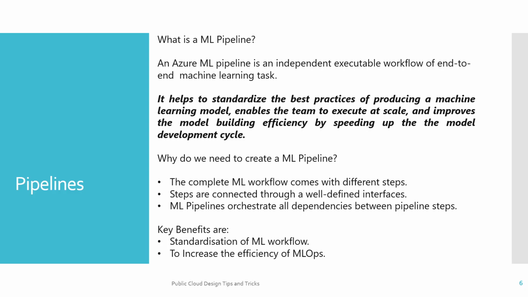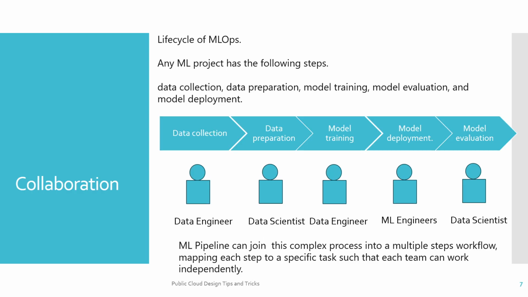What an ML pipeline does is orchestrate all the dependencies between these steps. Now, what are the key benefits? You are going to standardize your ML workflow, and that gives you an increase in efficiency of using MLOps. So these are the key benefits of using pipelines.